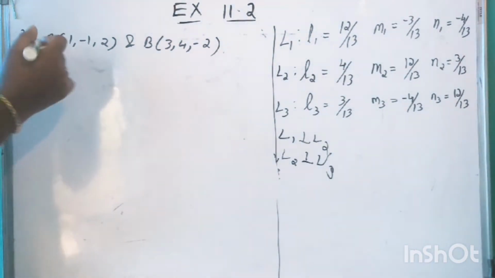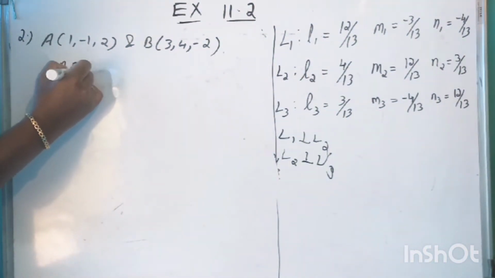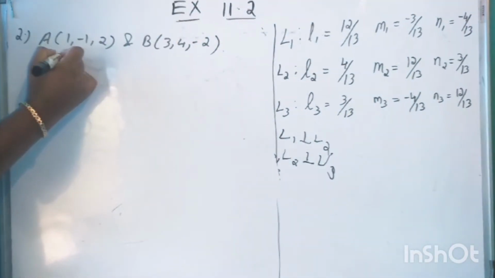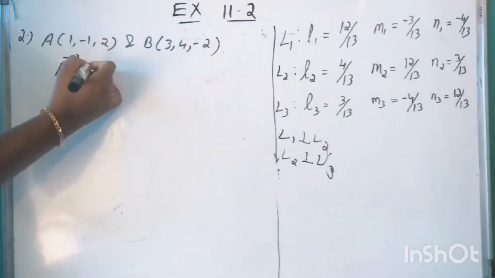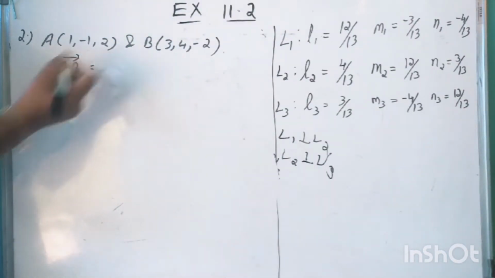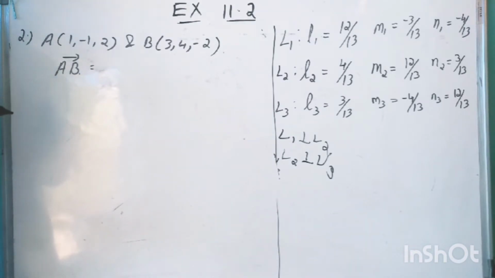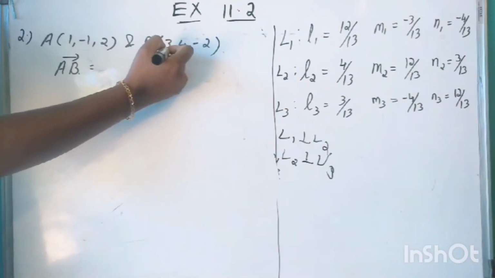Then we are going to consider the line AB. We consider the vector AB, which is equal to the position vector of B minus the position vector of A.